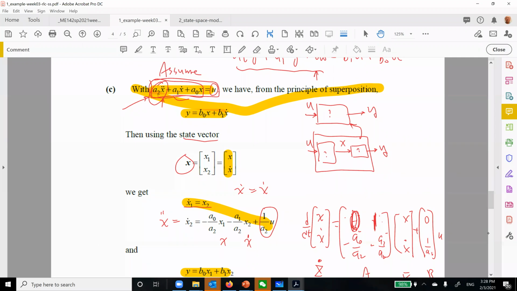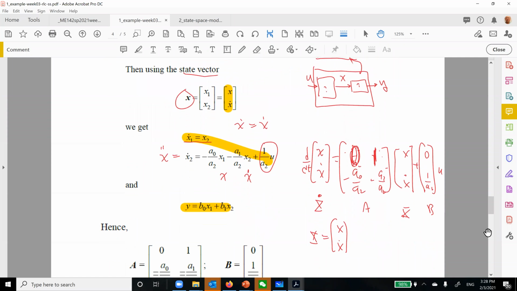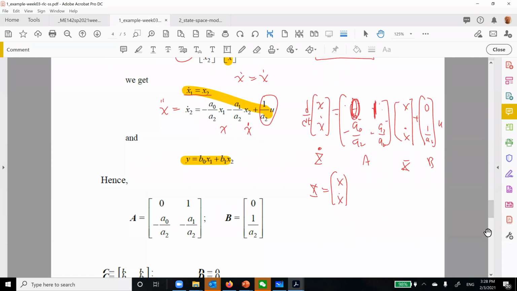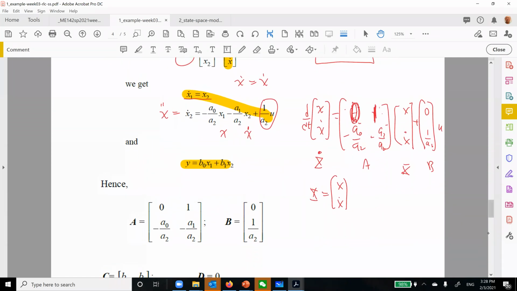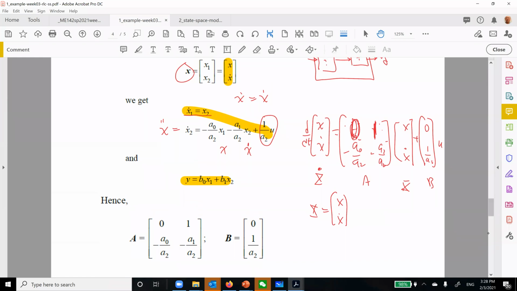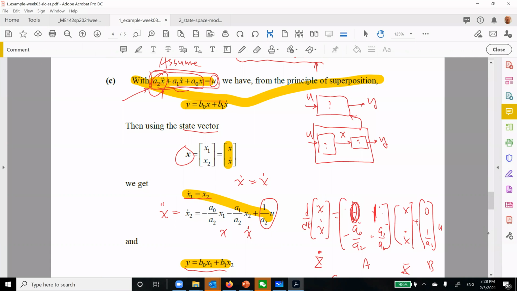But this is not what we want. You give me an x, you give me u, you can check your x. What I want is my output, okay? So this is my output equation. The output equation actually is b0 x plus b1 x dot.